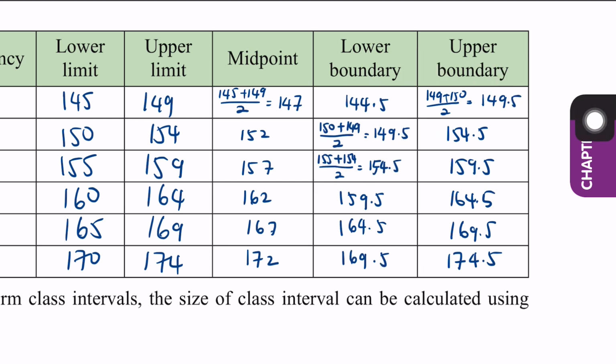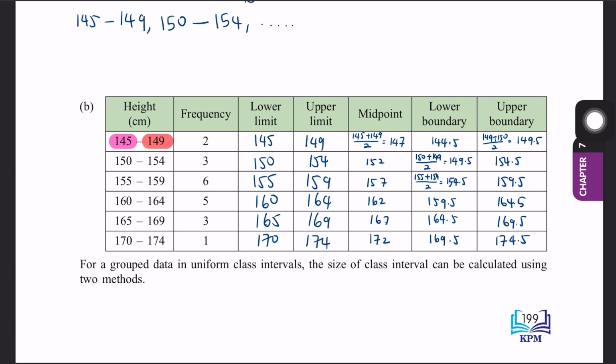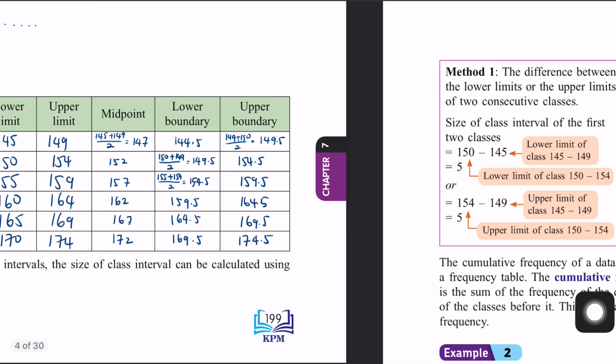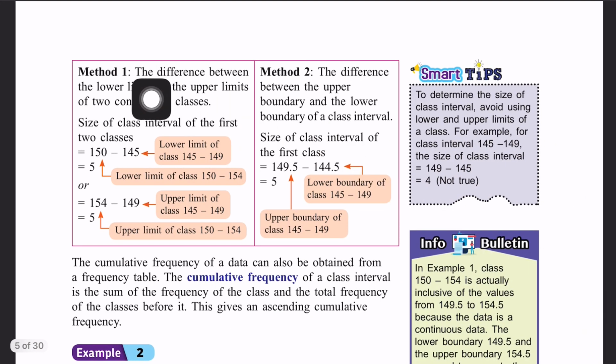Boleh? Okay, so dari sini dia kata, for a group data in uniform class interval, the size of class interval can be calculated using two methods. The first method, the difference between the lower limits or the upper limits of two consecutive classes. Contoh kita ambil class interval untuk the first two classes.